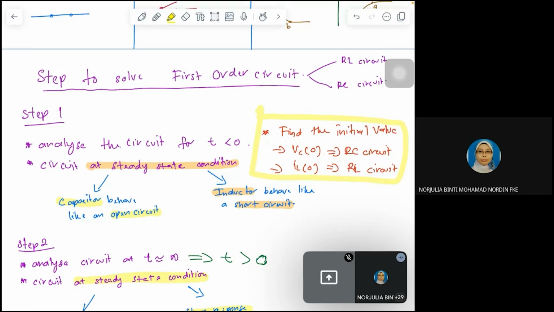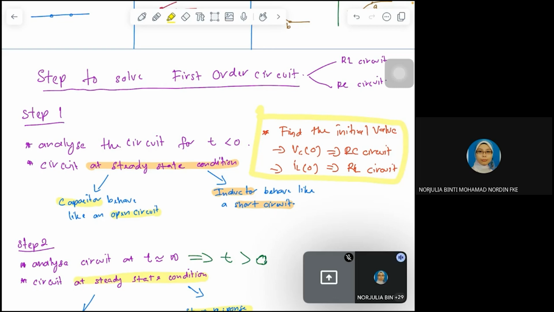If the circuit also requests another parameter other than the storage element parameter, just leave it aside first. Focus on solving your storage element equation, whether V or I depending on whether it's RC or RL. That is the first step.